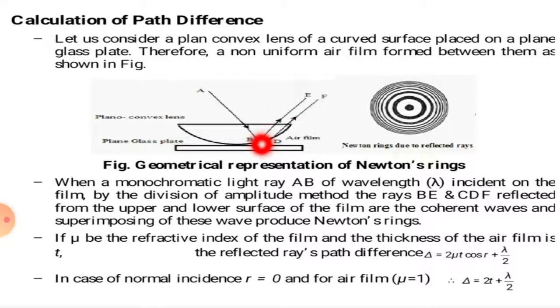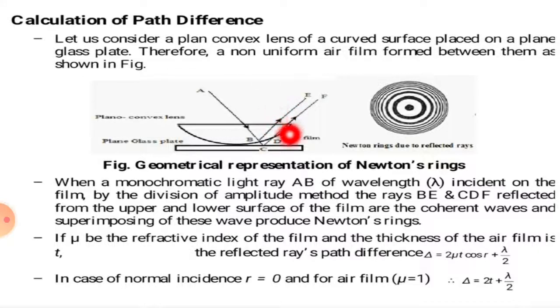Another part is refracted into the air film and incident at a point C on the upper surface of the glass plate. It gets divided into two parts at this point. A part is reflected back into the same medium, traveling along the path CDF, and another part is transmitted. These two reflected light rays act as coherent light waves, and these waves superimpose and produce an interference pattern with alternate bright and dark rings.